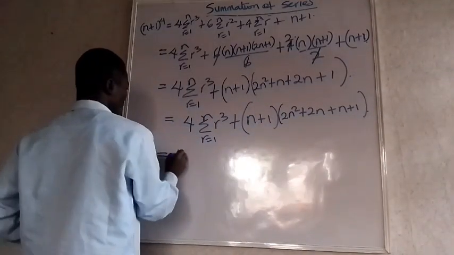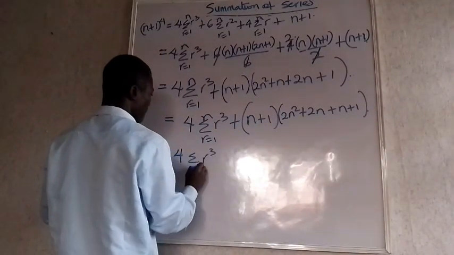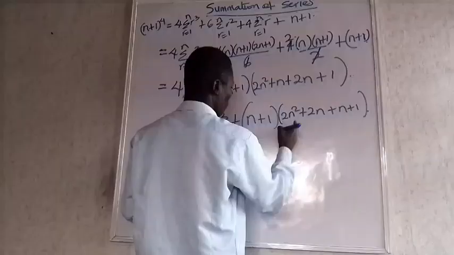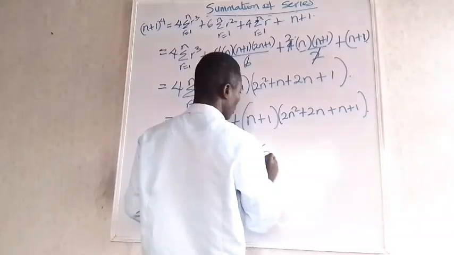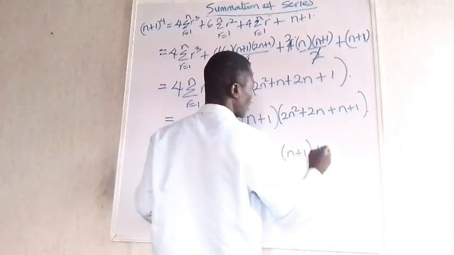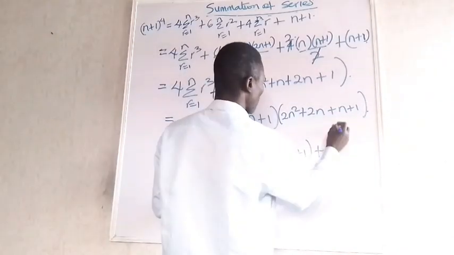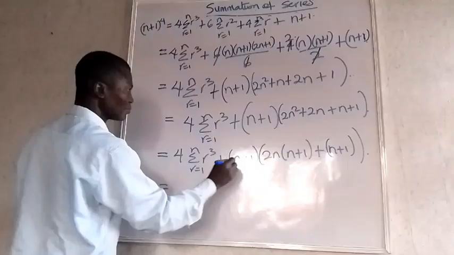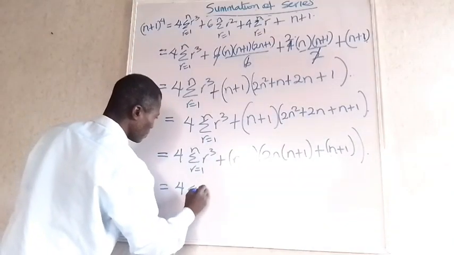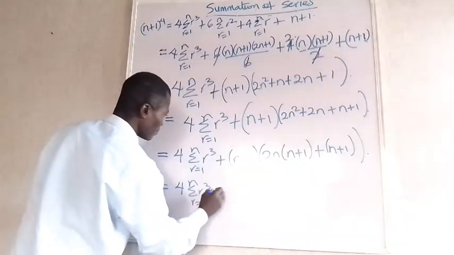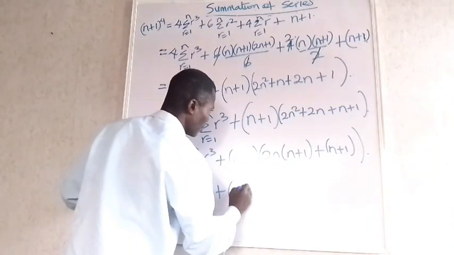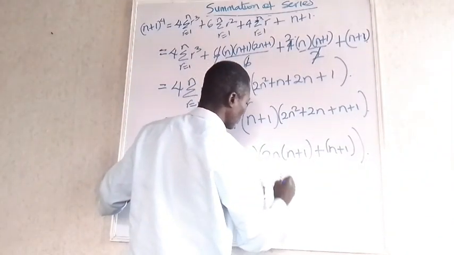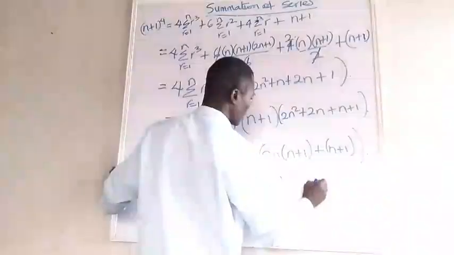So let's continue. Into n plus 1 plus n plus 1, plus n plus 1, n plus 1 into 2n plus 1.